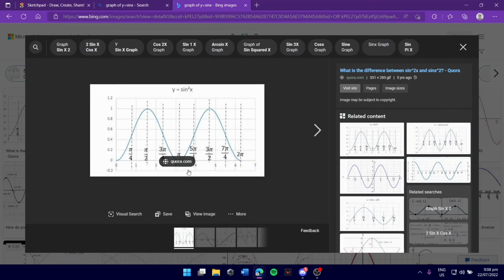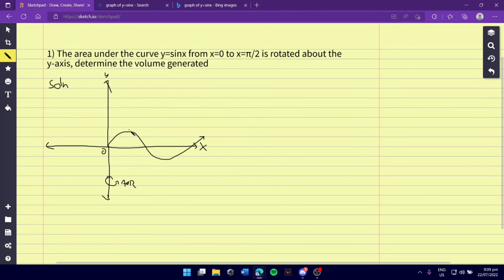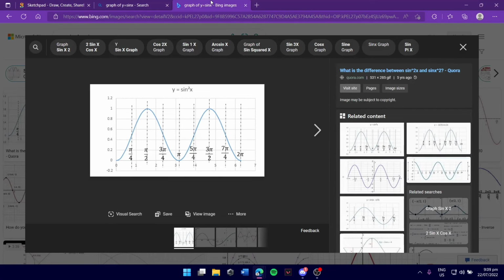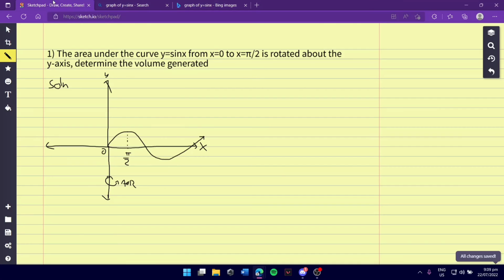So this is our origin, and the half here is pi over 2, and then here is your pi, and then 3 pi over 2, and then 2 pi.